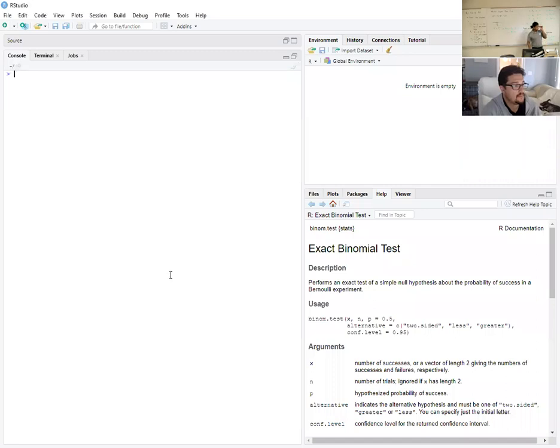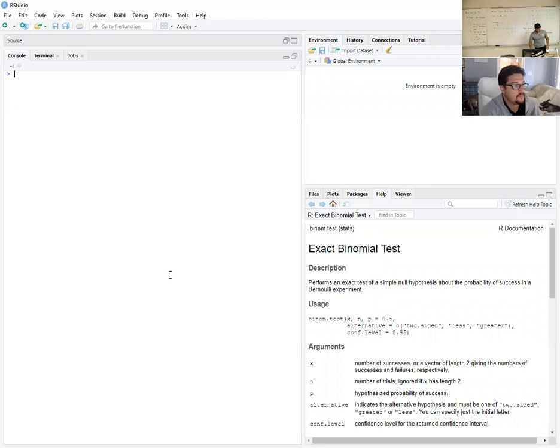So R has this standard notation. If you start a name with D, it means the density function. Last time we did dbinom, which gave us the PMF. If you start with a P, it will give you the cumulative probability. If you start with a Q, it will give you the quantile or percentile. Critical values are quantiles by default.